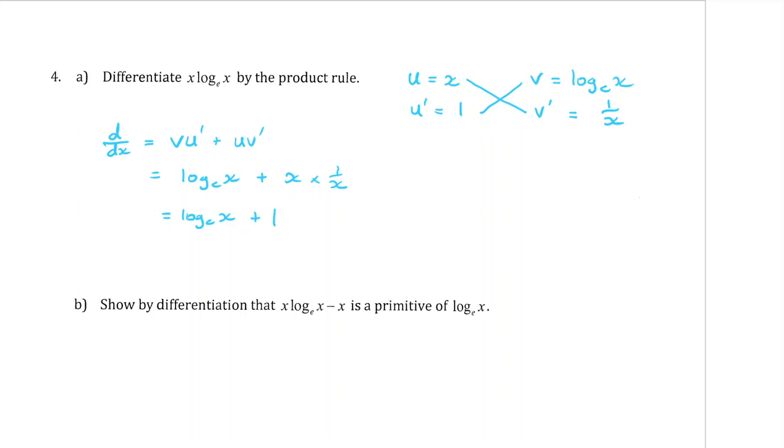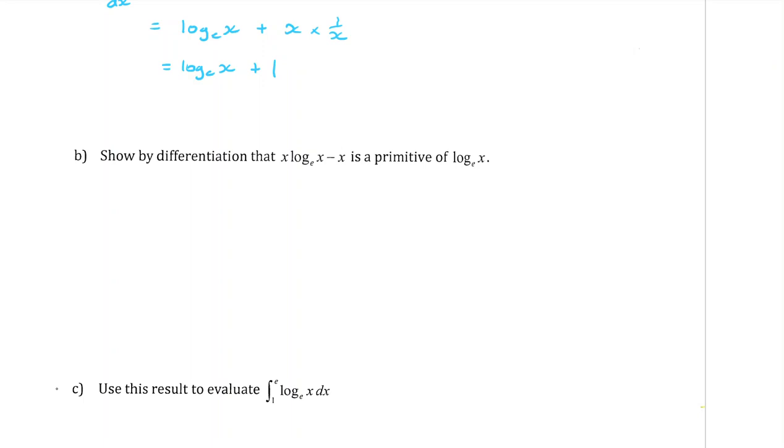Part B, show by differentiation that x log e of x minus x is a primitive of log e of x. Okay, so show by differentiation. So that means I'm starting with x log e of x minus x.